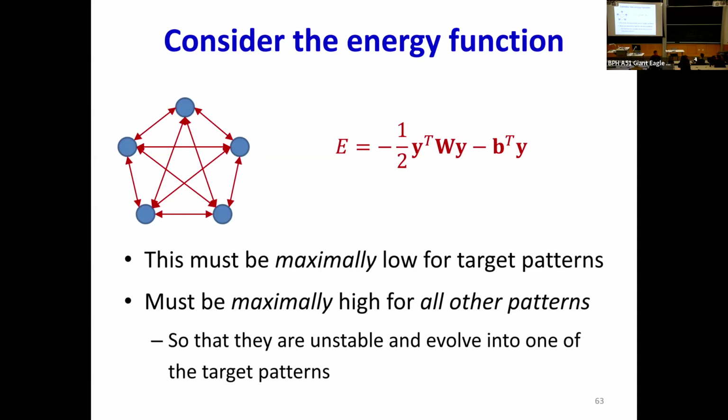If I initiate the network at any of these other patterns, it should evolve and fall into one of the patterns that I am trying to remember. Make sense to everybody? Now, how would I do this? I have this energy function. I want it to be minimum at a specific set of patterns, and maximum at other patterns. How would I do this?